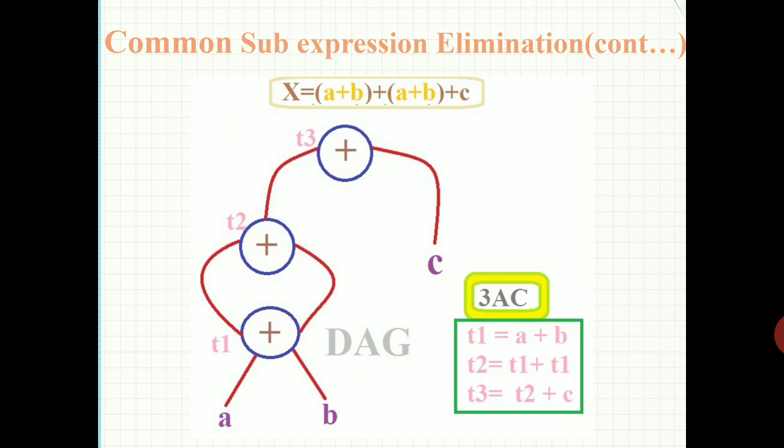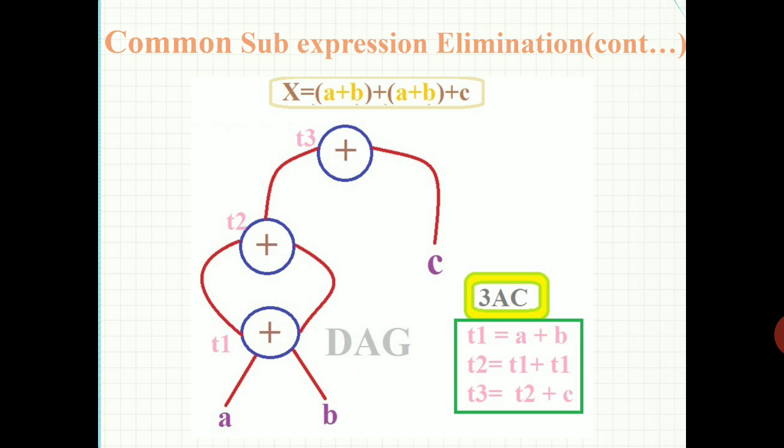T1 equal to a plus b. Then T1 is the left operand of the addition, so T2 equal to T1 plus T1, then T3 equal to T2 plus c. That is about common sub-expression elimination.